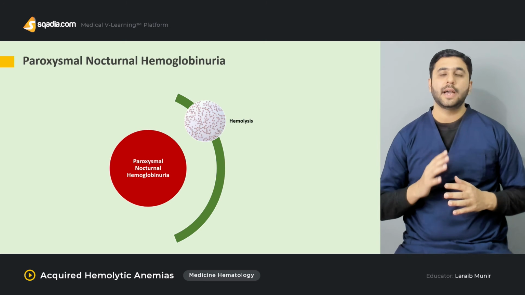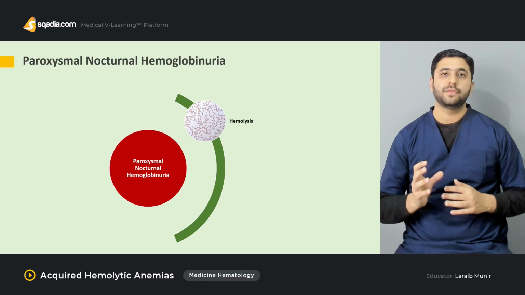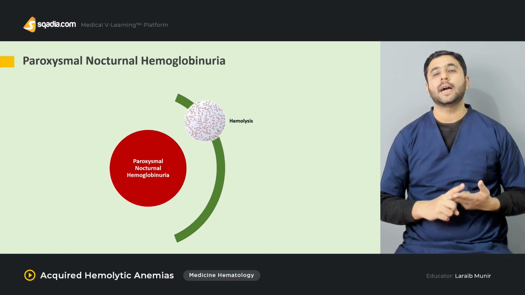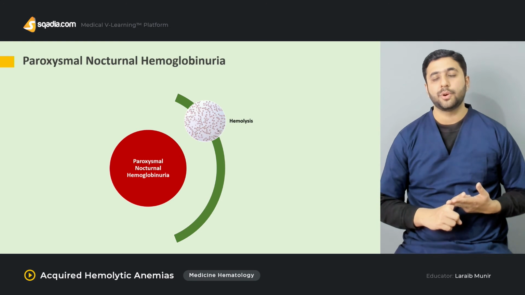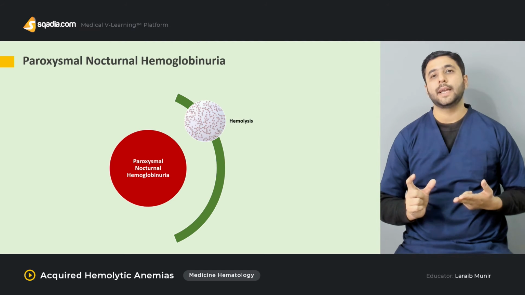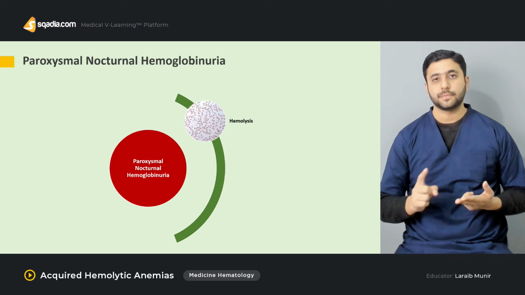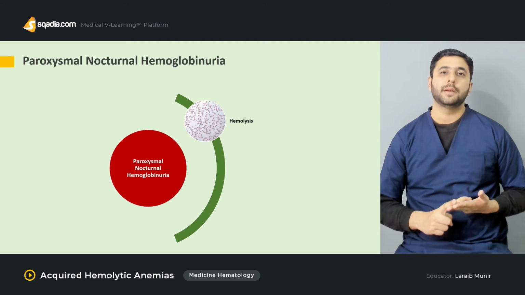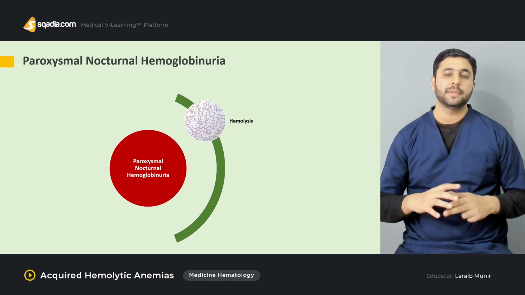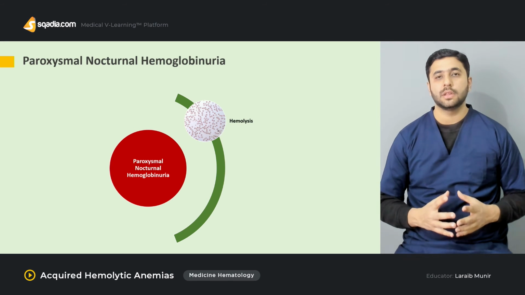And because of the absence of these proteins, certain important proteins like CD55 and CD59, which basically are protective proteins for the RBCs, are lost. These CD55 and CD59 proteins, which are anchored by the GPI anchor to the RBC membrane, prevent the RBCs from destruction by the complement. So these are the anti-complement factors present on the RBCs, because RBCs are surrounded by the complement all the time.